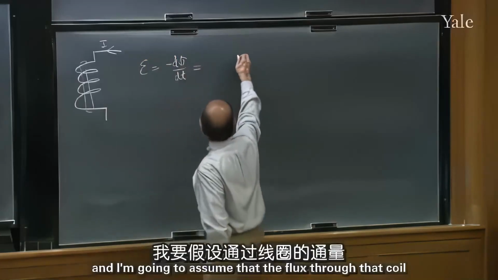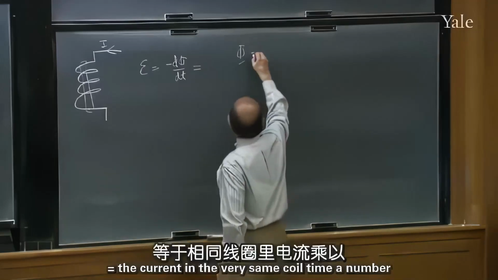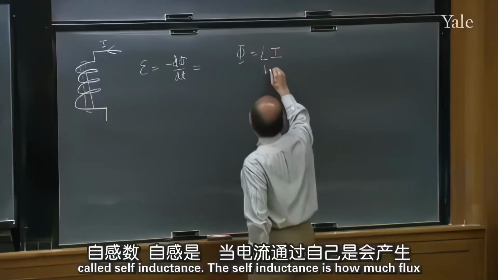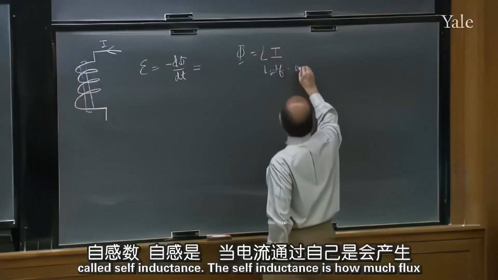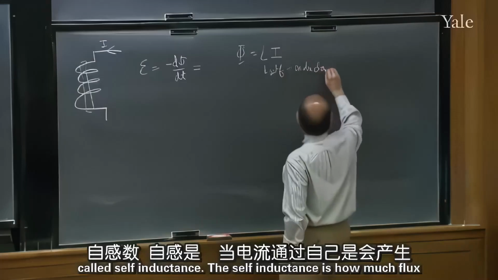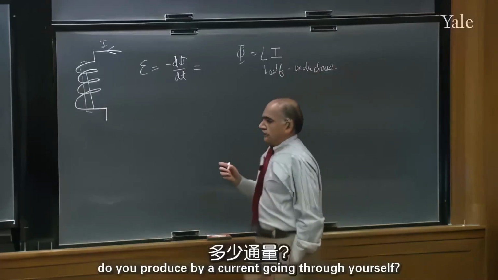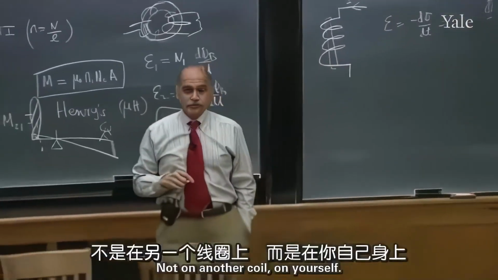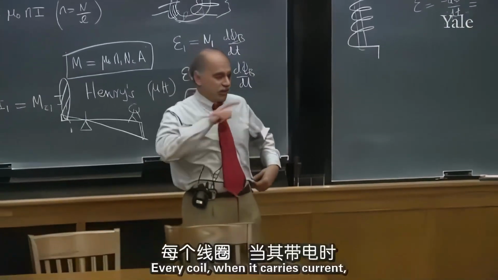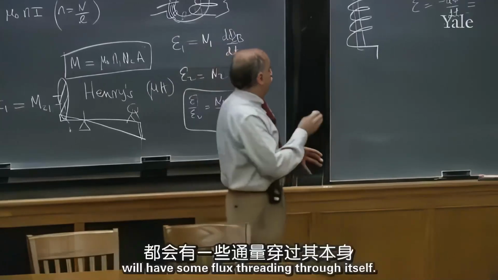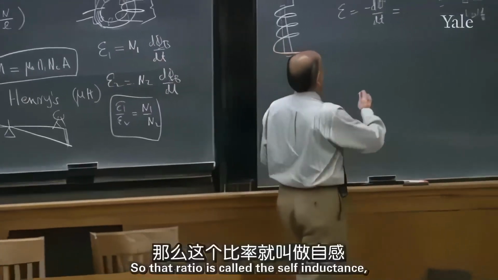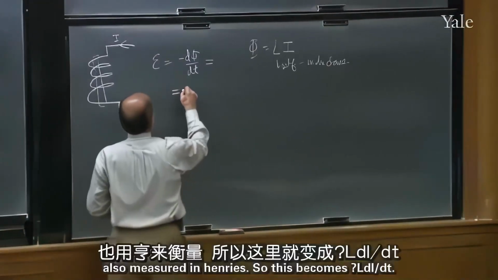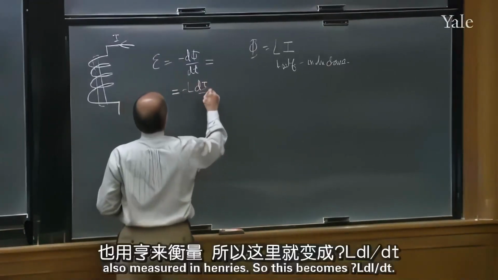And I'm going to assume that the flux through that coil is equal to the current in the very same coil times a number called self-inductance. The self-inductance is how much flux do you produce by a current going through yourself, not on another coil, on yourself. So every coil, when it carries current, will have some flux threading through itself. So that ratio is called the self-inductance, also measured in henries. So this becomes minus L di/dt.